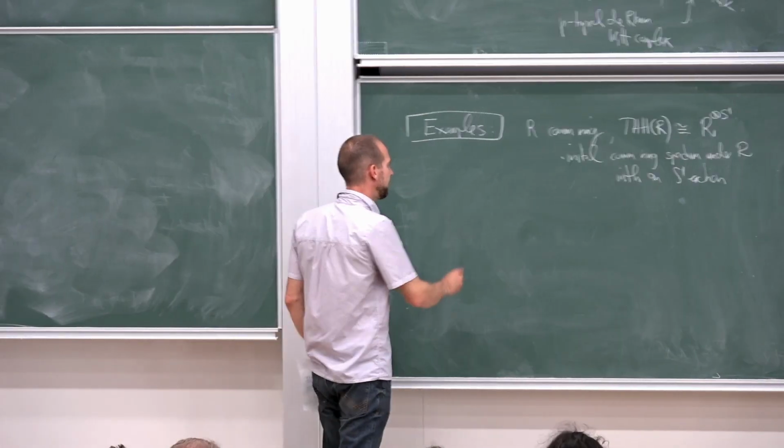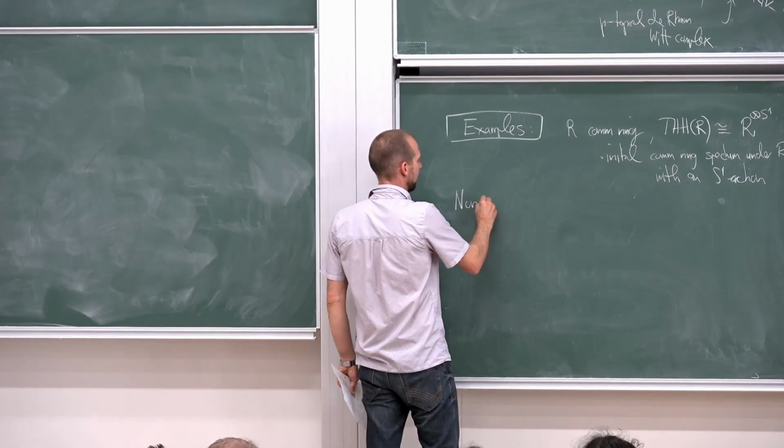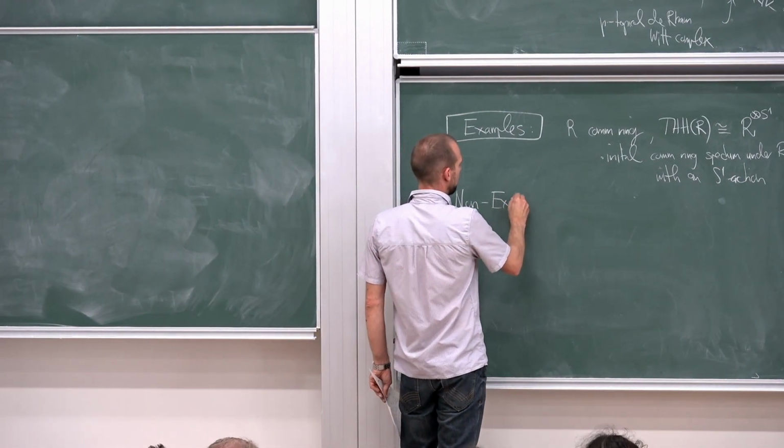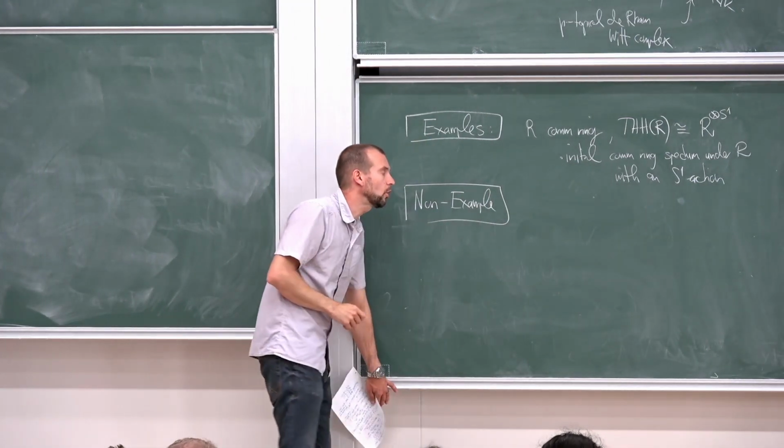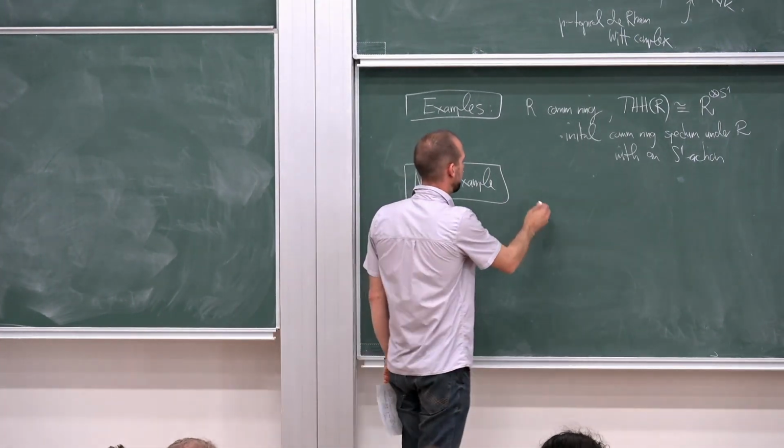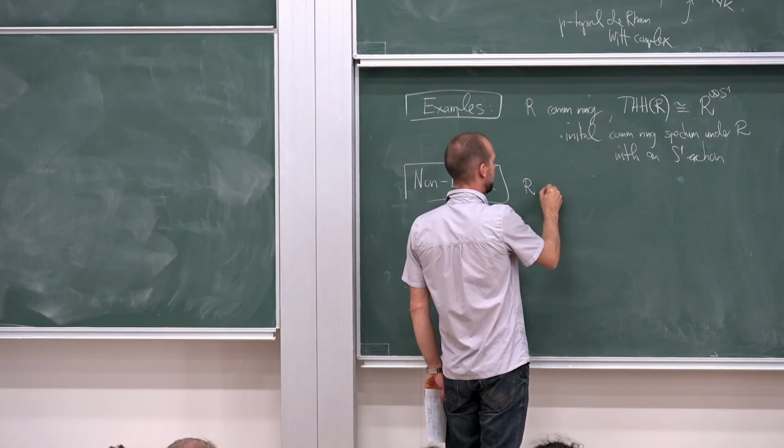Okay, what is not an example? A non-example of a cyclotomic spectrum is if you do Hochschild homology. So R is now a commutative K-algebra.